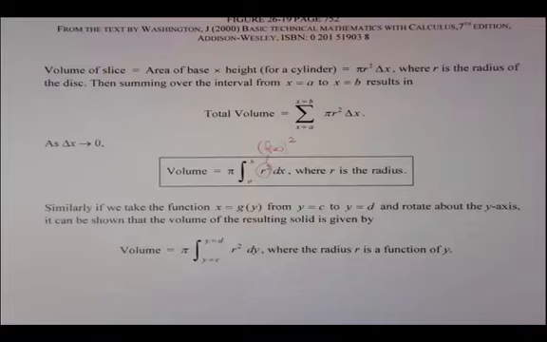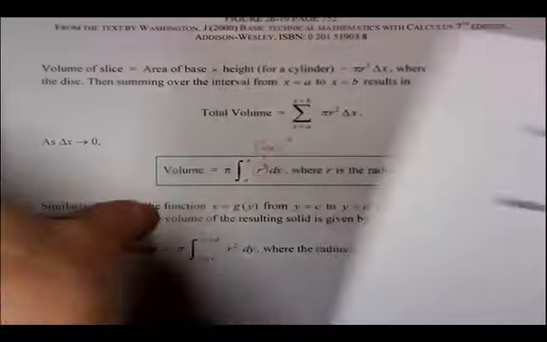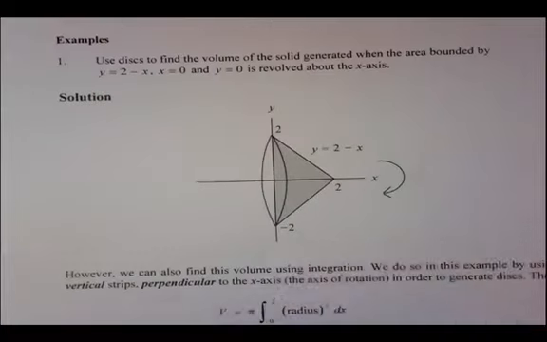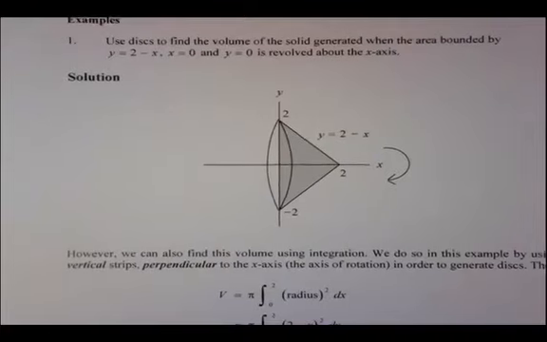Let's do some calculating. Here's a simple example. The integration is easy. In fact, in all these examples, I think the integrations are easy, so that's not going to give you any problem.